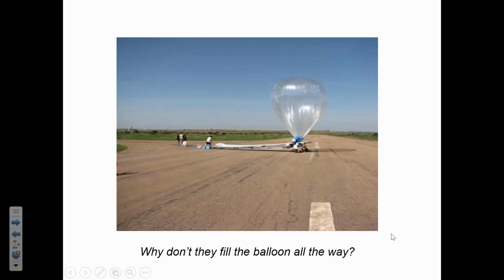Okay. Now we're going to move on from talking about manometers and discuss how the atmospheric conditions vary as a function of elevation through the atmosphere. And so maybe you've seen photos like this before of weather balloons. And you'll notice that there's quite a lot of slack here on the runway where they haven't filled the weather balloon all the way.